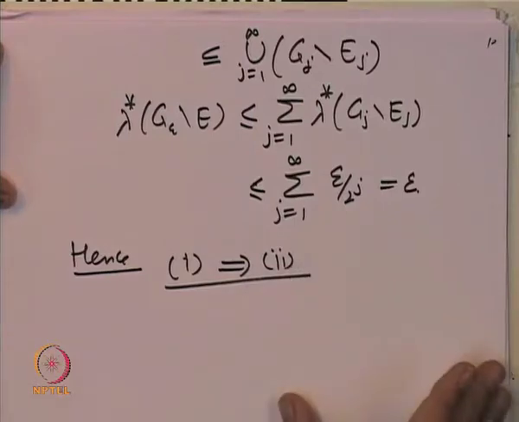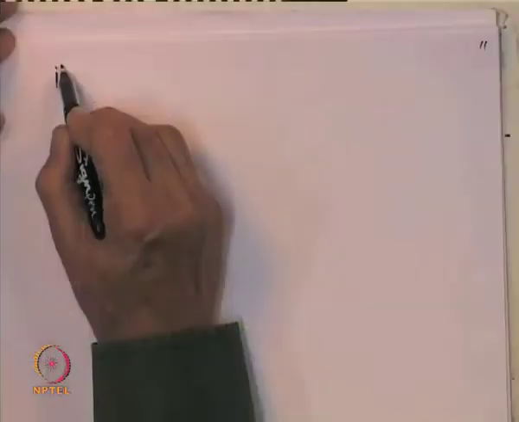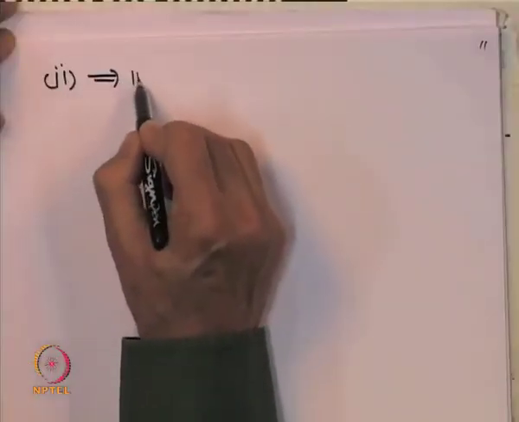So, now let us go to the second step of the verification. We have verified the first step, namely 1 implies 2. Now, let us verify that 2 implies 3. So, let us assume 2 holds.